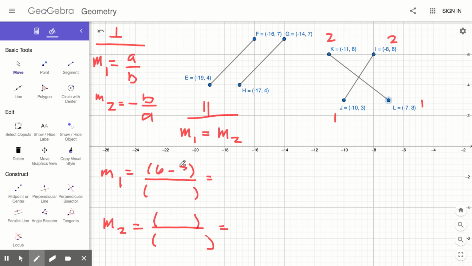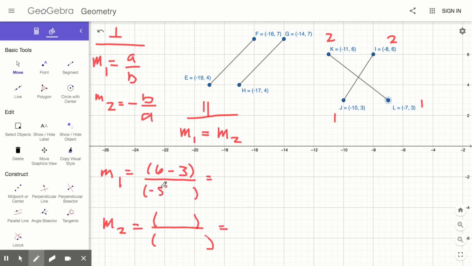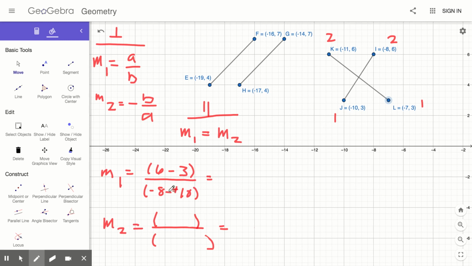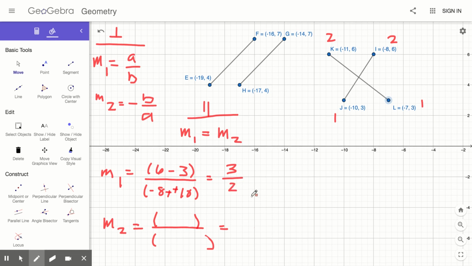Because we do the difference of the y's first, then the difference of the x. Negative 8 minus negative 10. So we got negative 8 minus negative 10. These become positive. So we have 3 over 2.